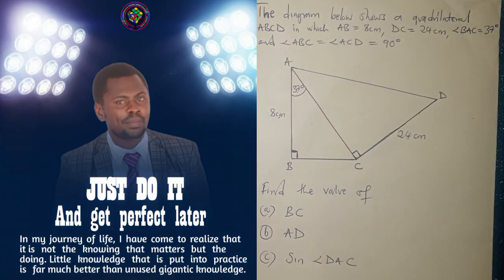We go to C. So C, sine of angle DAC. So here we are only finding the ratio. It's not the size of angle DAC, but just a ratio. And we know that sine ratio is equal to opposite over hypotenuse.